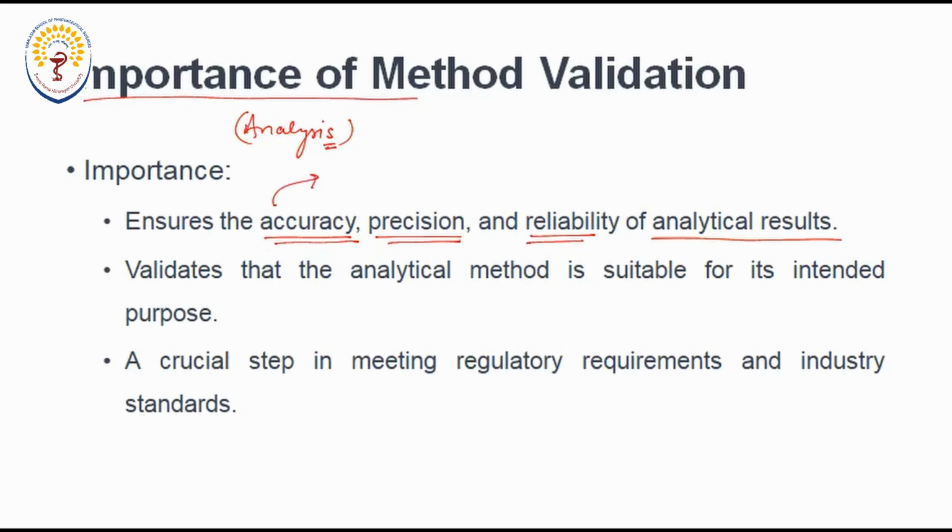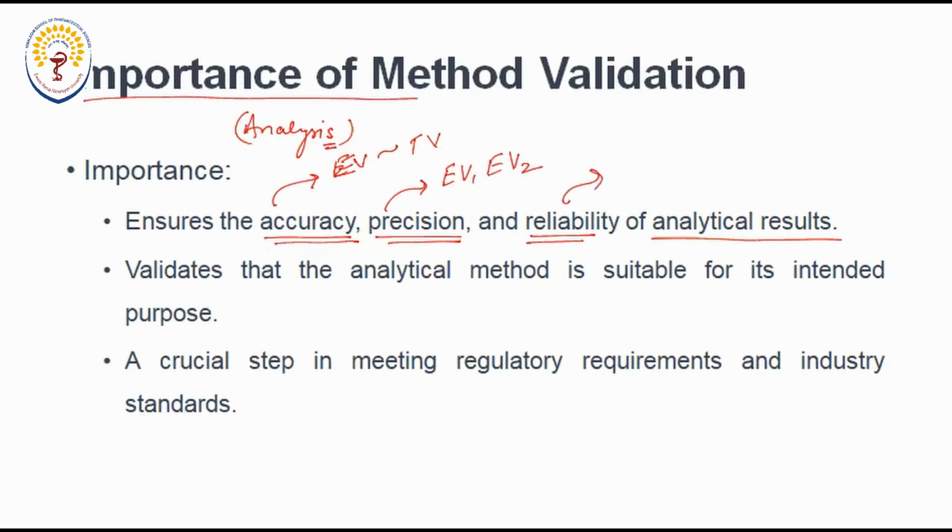Accuracy means how close our experimental value is to the true value, the actual value. And precision means how close our experimental values are to each other.